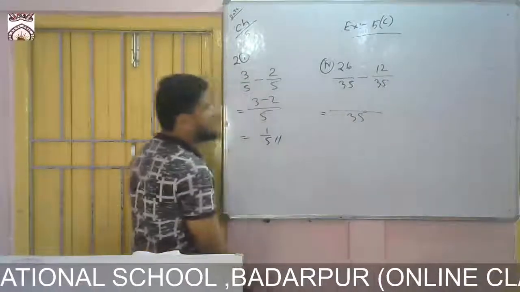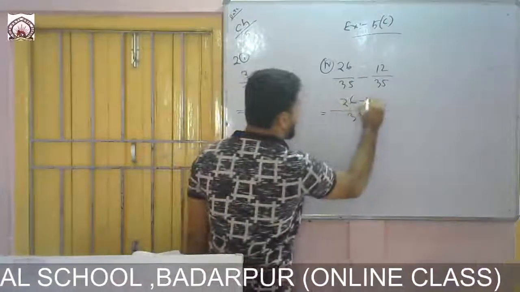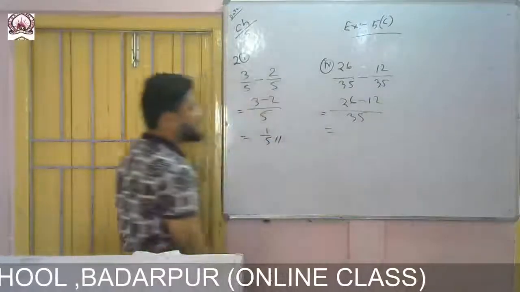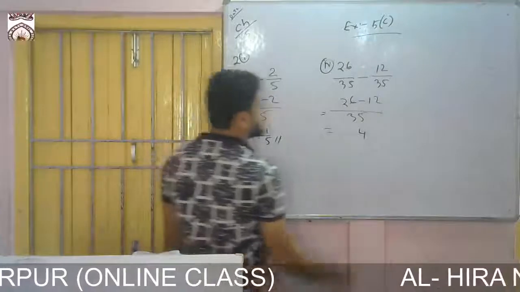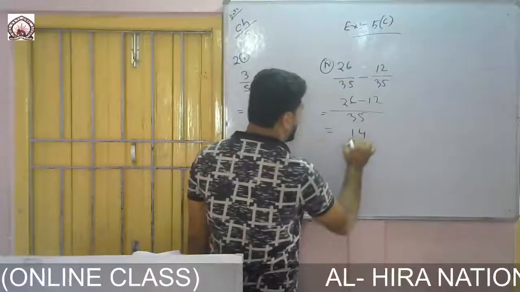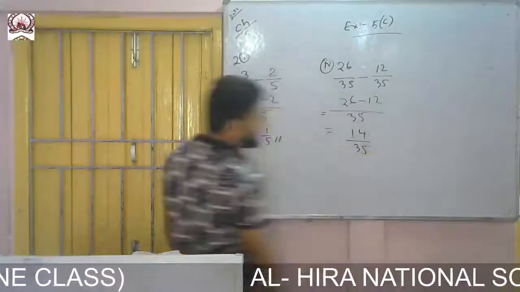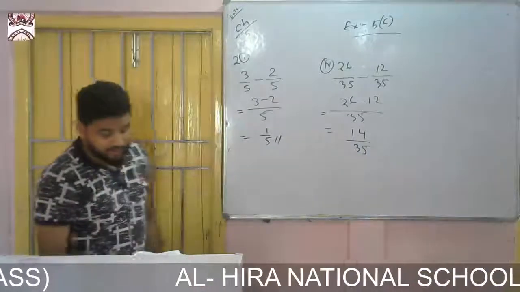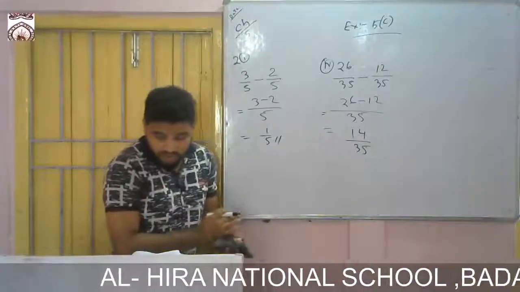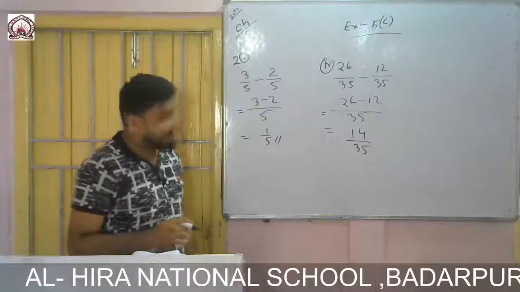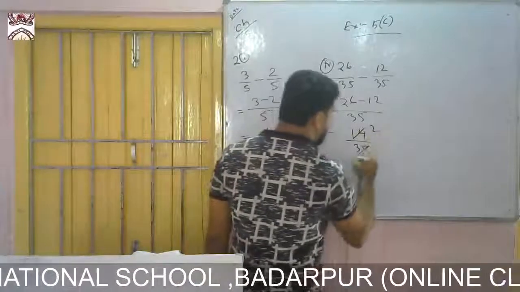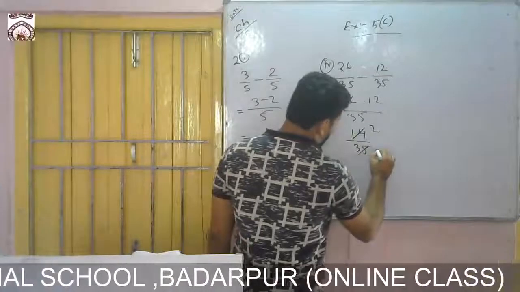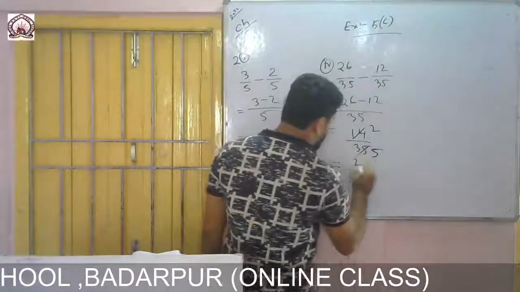So I shall write this one and directly subtract the upper portion. So 26 minus 12: 6 minus 2 is 4, and 2 minus 1 is 1, so 14 by 35. Now you can cancel with 7. 7 2s are 14, 7 5s are 35. The answer is 2 by 5.